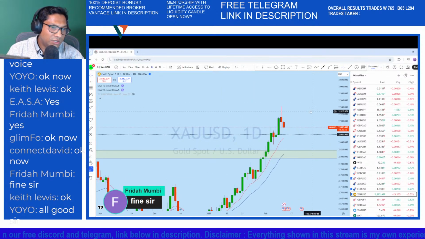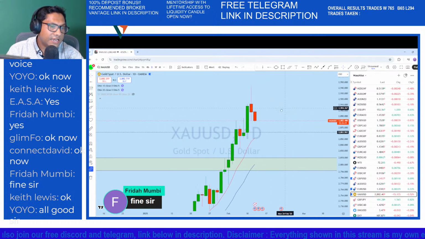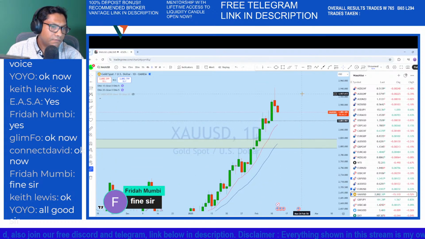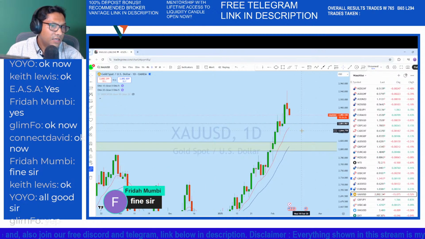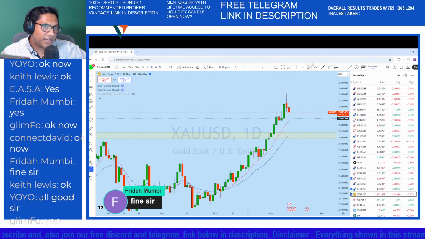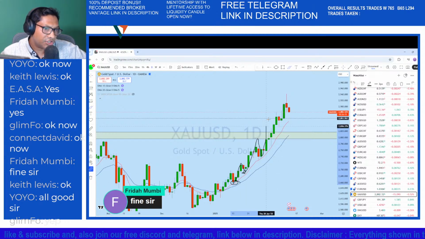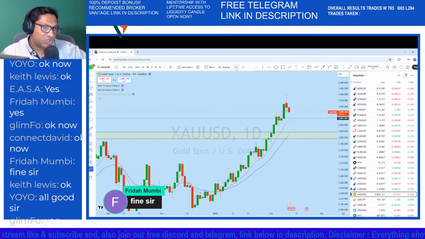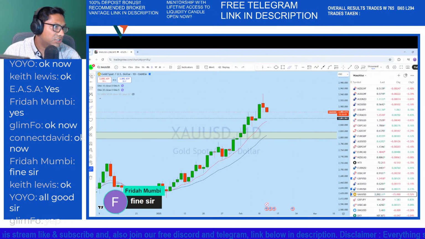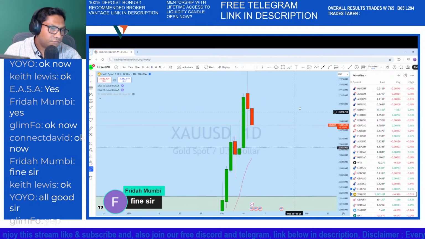what XAUUSD is doing here. Okay, so you can see that from the daily time frame, if we look at here, this is the daily impulse, correction, impulse, deeper correction, and the market potentially forming a series of higher highs and higher lows, which is an uptrending market.